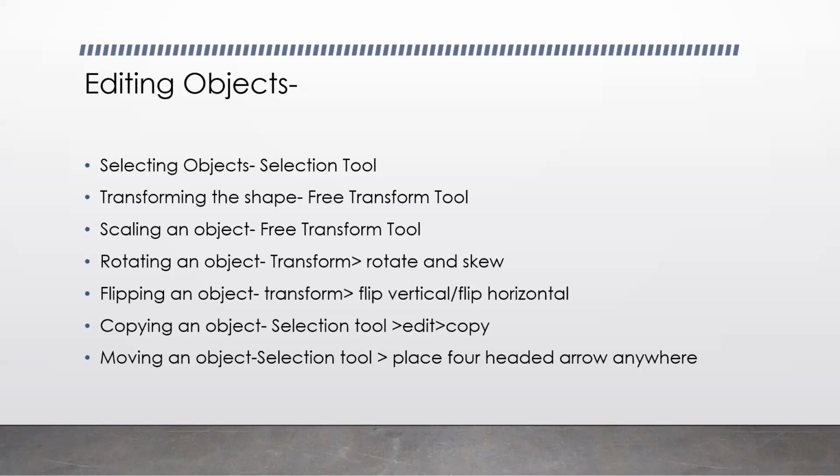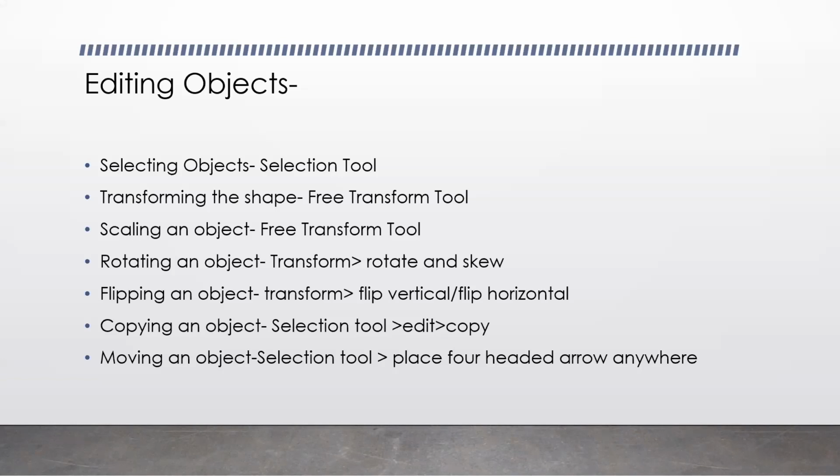Next is rotating an object. For this, you have to click on the transform tool, and then click on rotate and skew. For flipping an object, click on the transform. Then there are two types of flipping: flip vertical or flip horizontal. You can choose, and it will be applied to your object. Next editing you can do is copying an object.